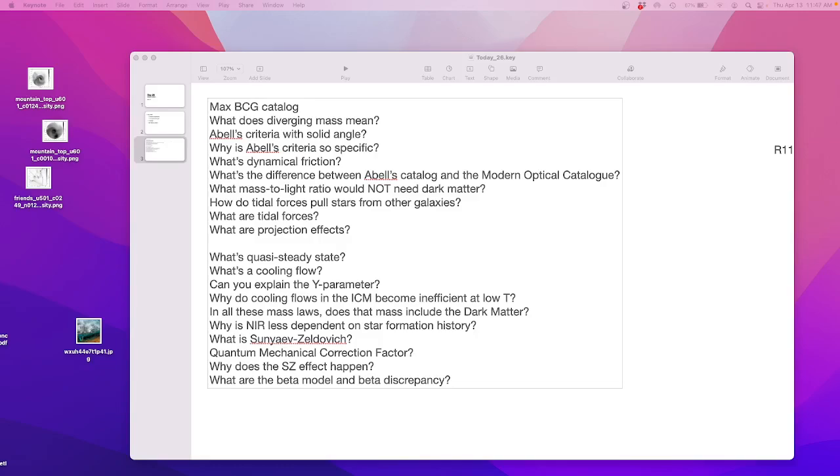Oh, diverging mass. Okay, so I have some density, rho of r. The total mass within some radius r is the integral from 0 to capital R of rho of r d cubed volume, where this is over the radius.